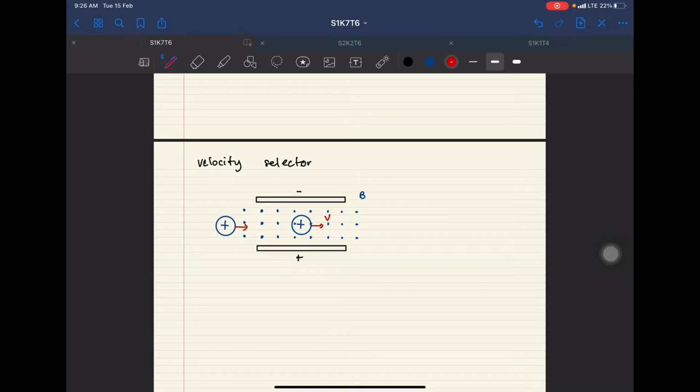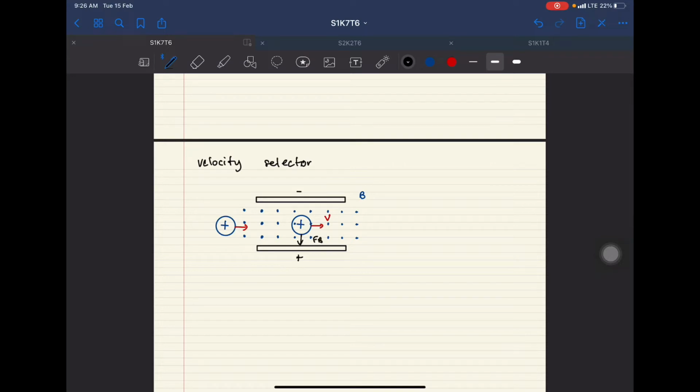To determine the direction of force, you can use the right hand rule, or right hand Fleming rule. Your thumb is pointing to the right, all your fingers are pointing out of the page, because the magnetic field is out of the page. And you can see that the force will be directed downwards. This force is what we call FB, due to the magnetic field.